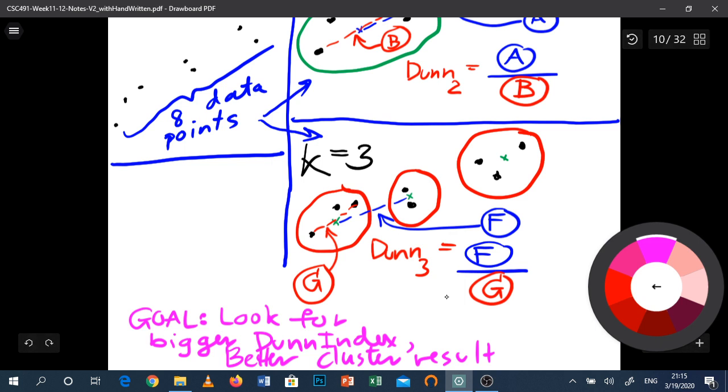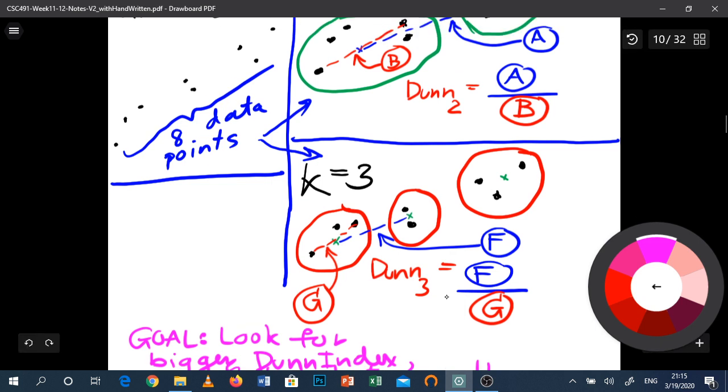So in this case, you have to look for the maximum among them.